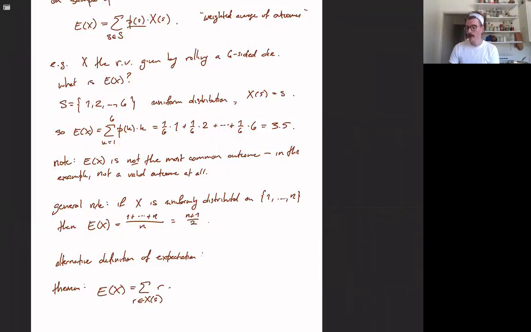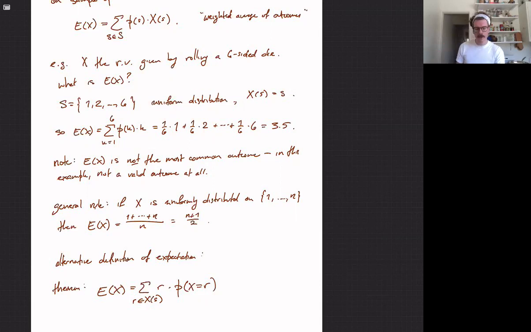And the probability of s corresponds to taking the probability that X takes the value r. So I don't mean that these are literally the same terms in these sums, but they're analogous, and the proof that we're going to show is essentially going to come down to rearranging them so that they match up.